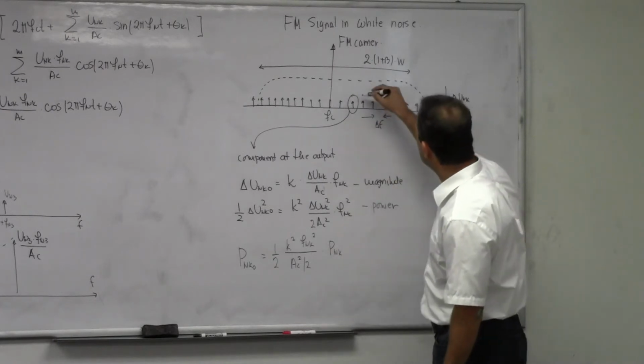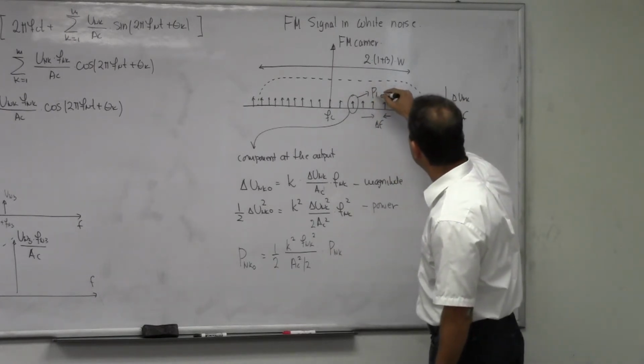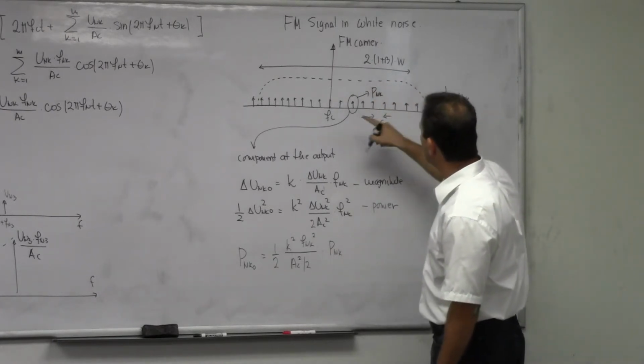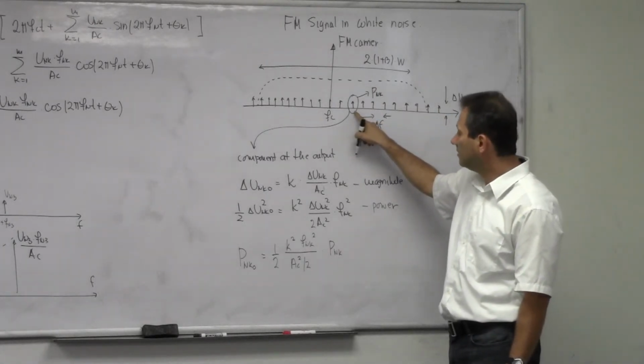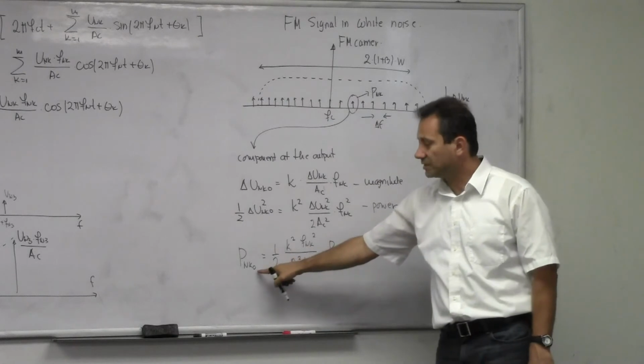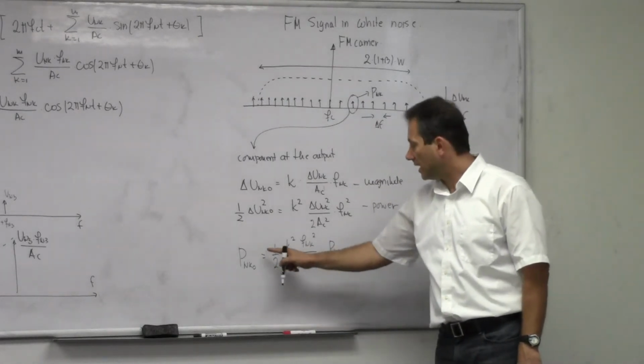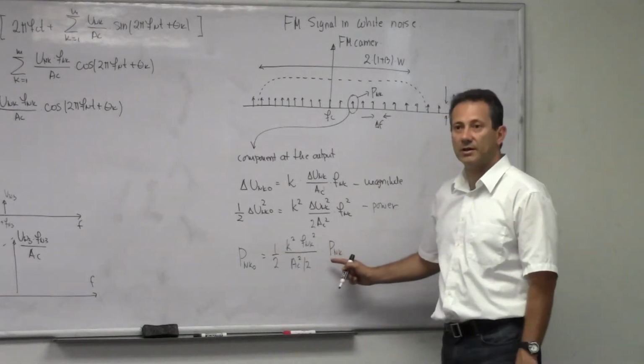Just this P and K is the power of this component. So the power of this component at the input and the power of the same component at the output are related through this expression here, right?